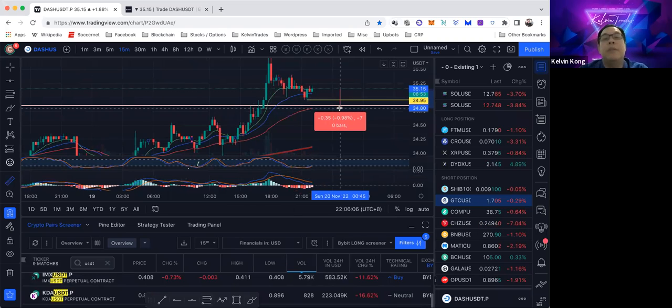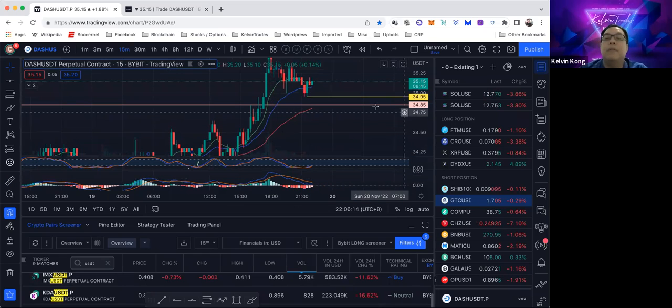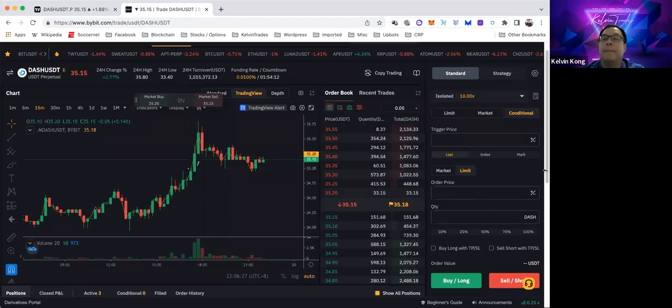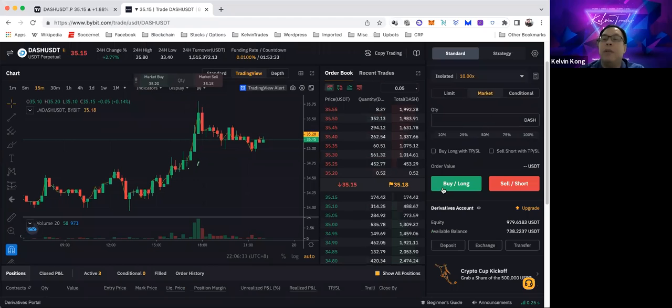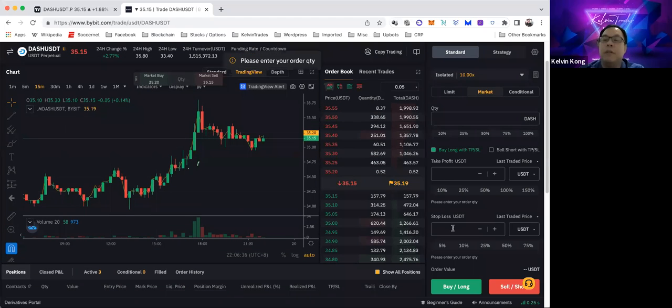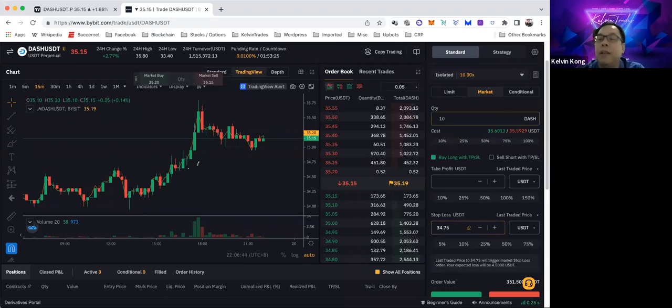It's still less than 1%. So we take this. Make it below this 34.8, 34.75 stop loss. Okay, trigger price, market order, stop loss 34.75, quantity 1045.